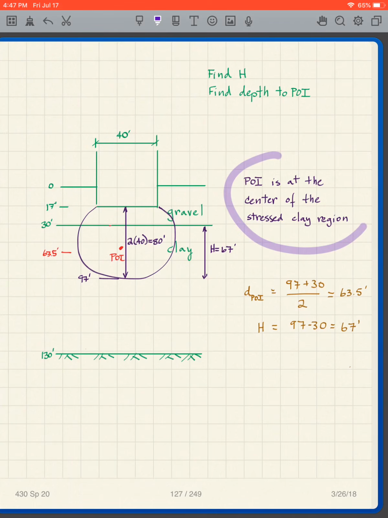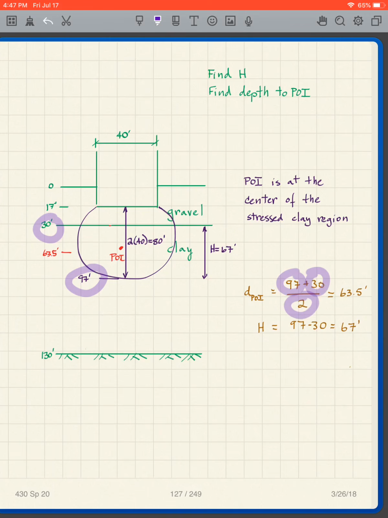Again, the point of interest is at the center of the stressed clay region. And I use my two numbers, which is my 97 and my 30. And I take the sum of those two and divide by 2. I get 63.5. And I take the difference of those two, I get 67 feet.